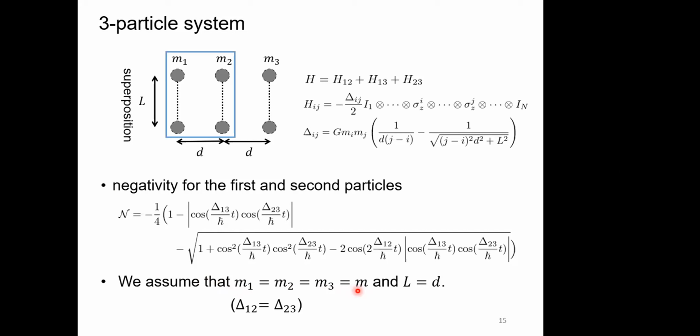The superposition distance L is equal to the distance between each particle d. By this assumption, the interaction between the first and second particles is equal to the interaction between the second and third particles.